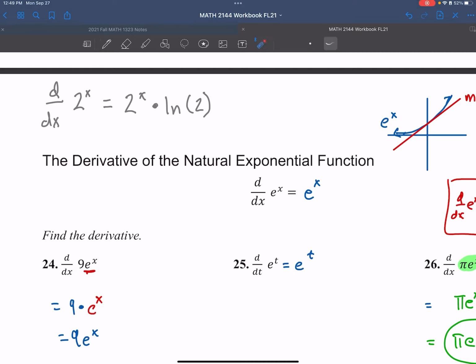But look at this pattern. The derivative of e to the x was e to the x. The derivative of 2 to the x is 2 to the x times something else. Realize that this something else is technically here: ln of e is just 1, which is also why it relates to the slope of 1.